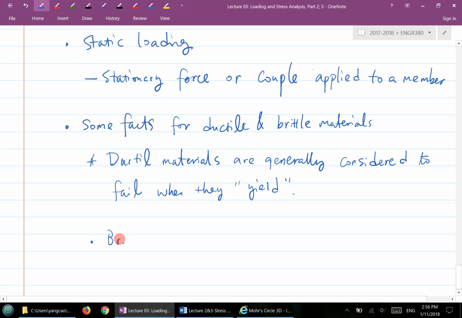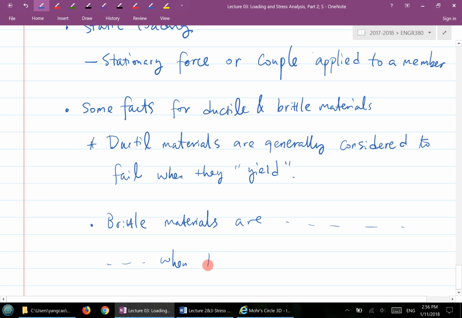And then brittle material. Same thing, they are generally considered to fail when they fracture.